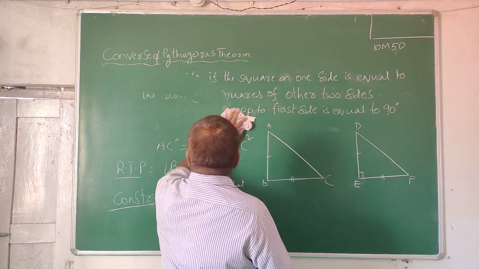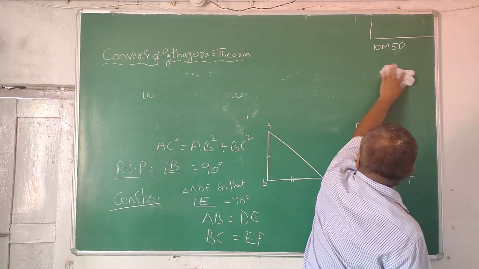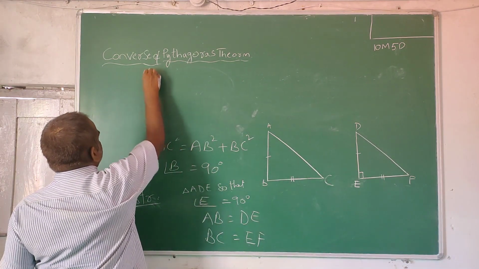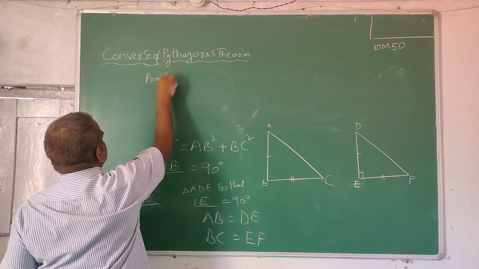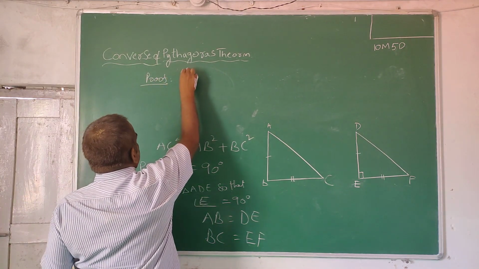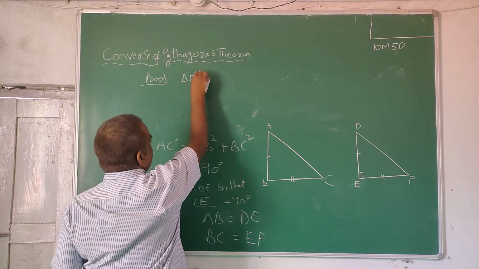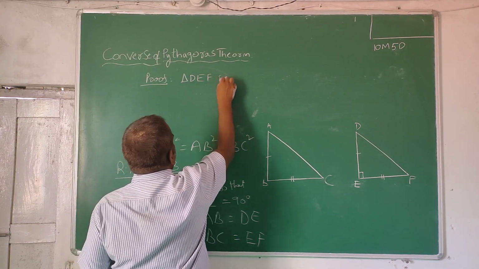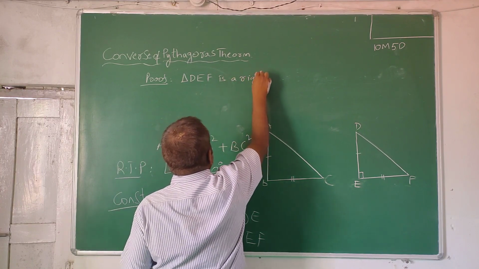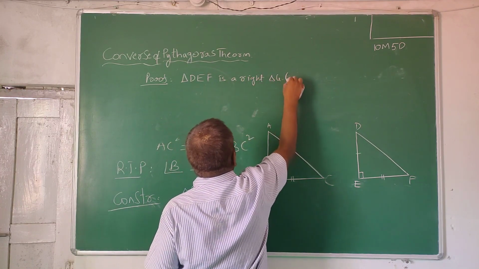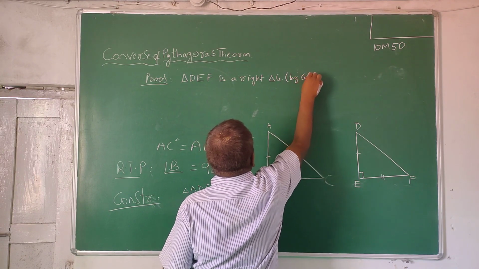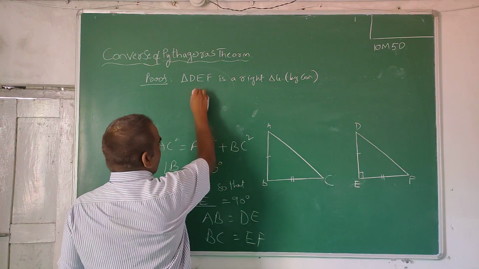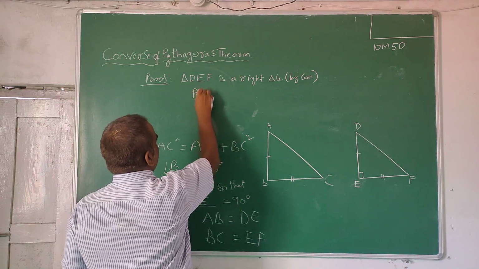Now let us go for the proof. As triangle DEF is a right angle triangle by construction, the moment it is a right angle triangle, Pythagoras theorem comes into the picture.